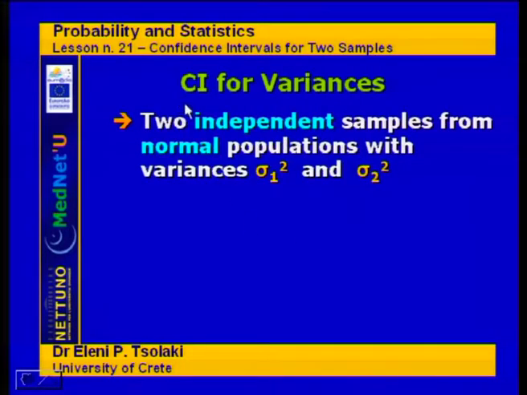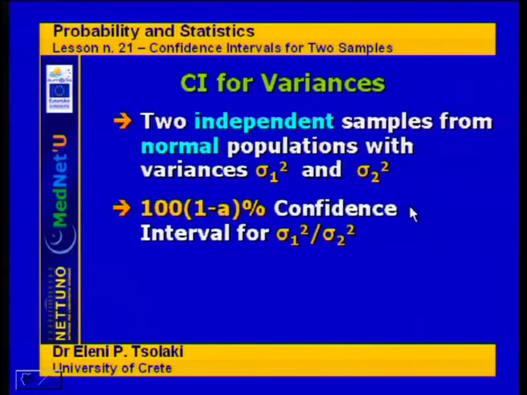Now, confidence intervals for variances. We assume that we have two independent samples from normal populations with the variances sigma 1 squared and sigma 2 squared.